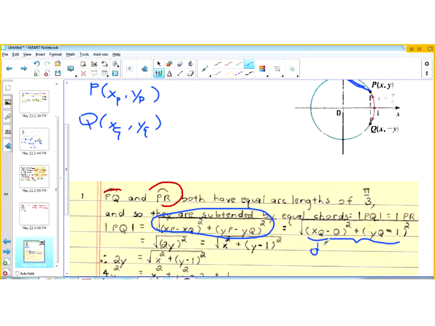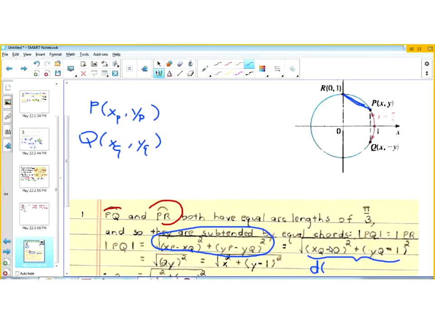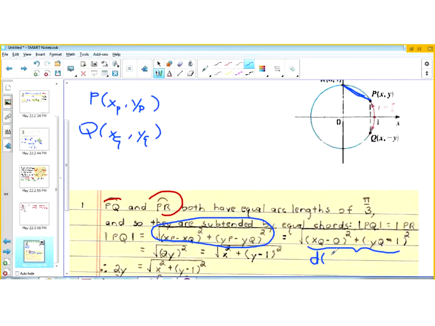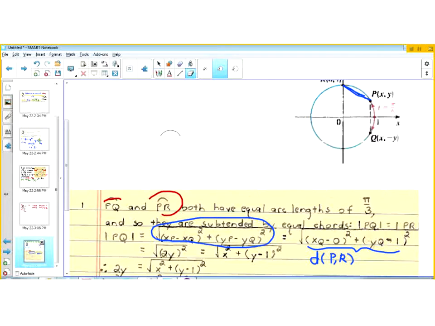I'm going to try and use the book's notation; this would be the distance between P and R. What's strange about this particular setup is what I did. Let me explain to you where this comes from. Let me erase this. The distance between P and R.